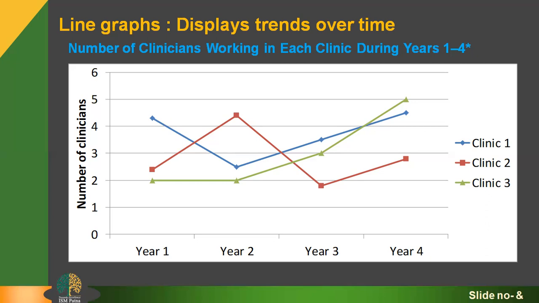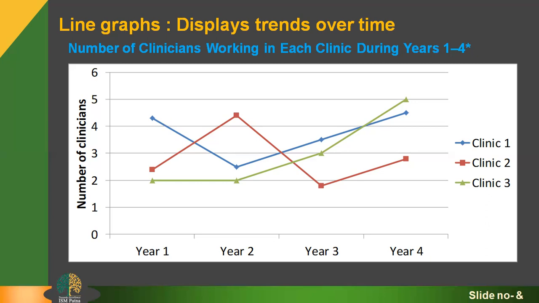But at the same time, it also reflects that clinic 2, though in the fourth year it is the lowest, is still higher in comparison to the third year. This is an important thing which a manager sometimes wants to note down before making decisions.